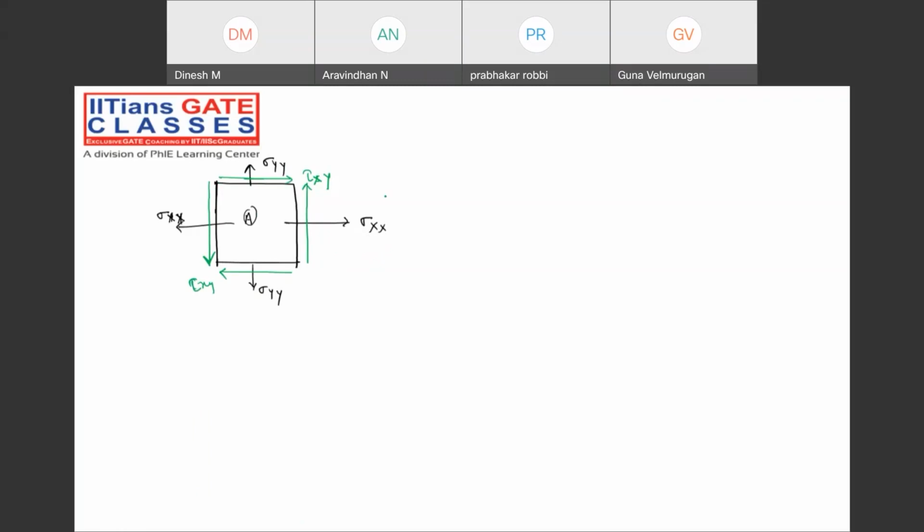The very first type of question is: rotate this element by angle theta with respect to horizontal in anti-clockwise direction, and find sigma n theta and tau s theta on that plane.